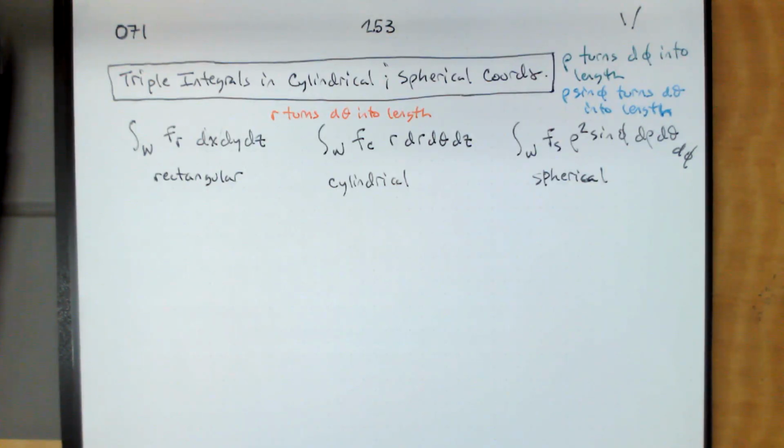So what we want to do now is take some shapes that we worked with in the past and write triple integrals for them in cylindrical and spherical coordinates, if at all possible.